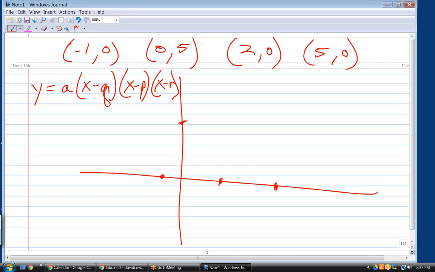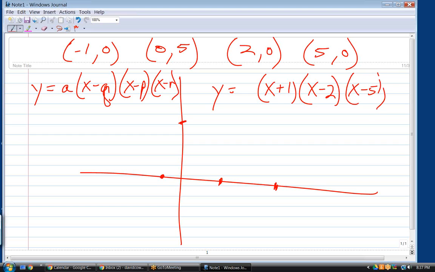Here's how we're going to solve this. We know that 3 of the factors have to be x plus 1, x minus 2, and x minus 5. Correct?